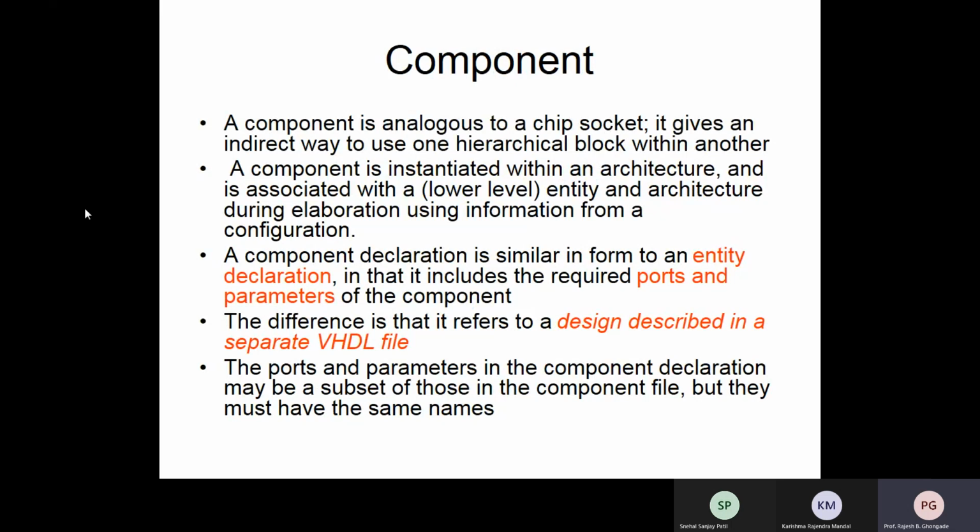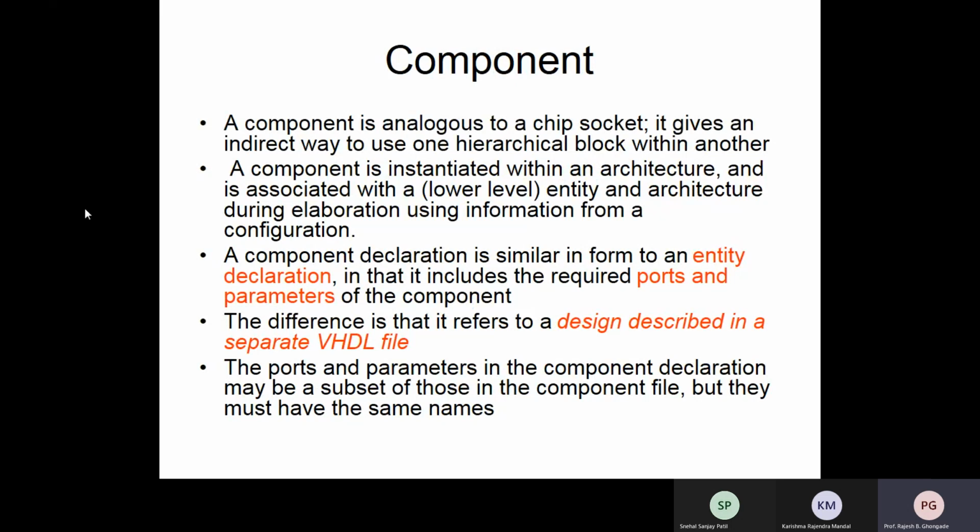So a component itself is a top level entity, which is of course lower level in this case because you are calling that component in some higher level entity. A component is nothing but a simple design that you have written. For example, if you want to implement an AND gate, you write an AND gate and make a component out of it and then call this component in some other design.